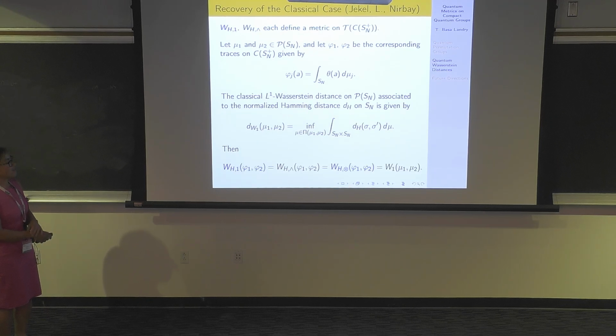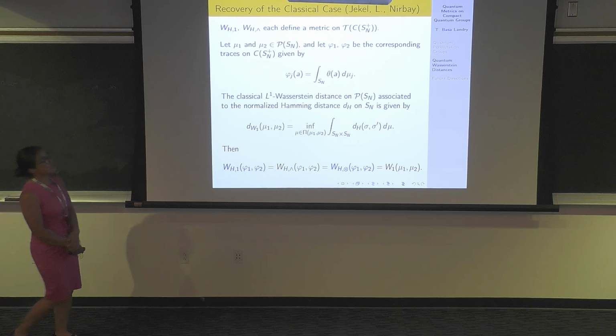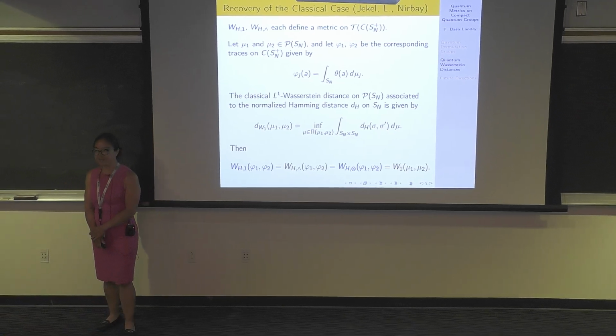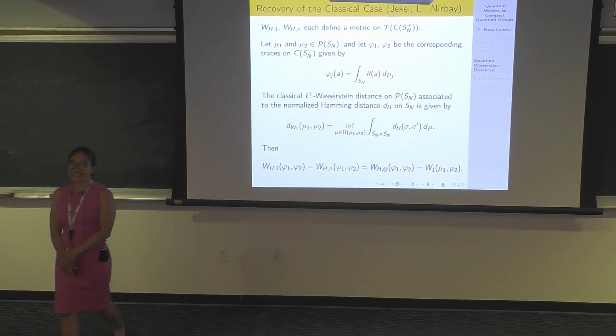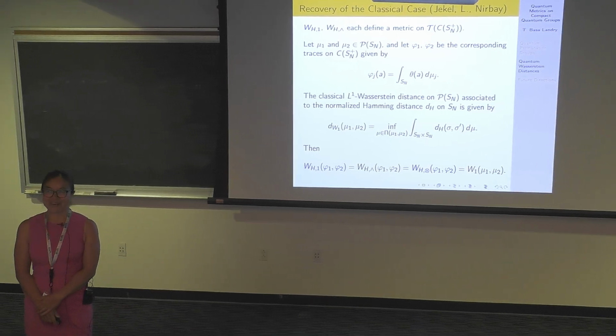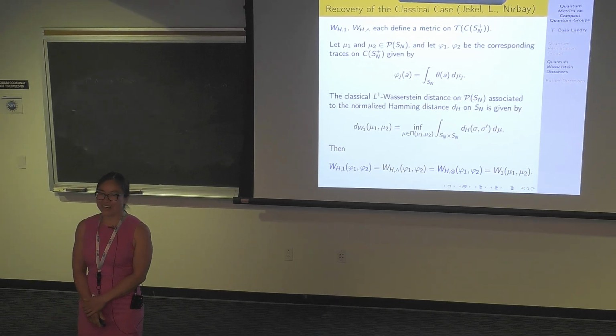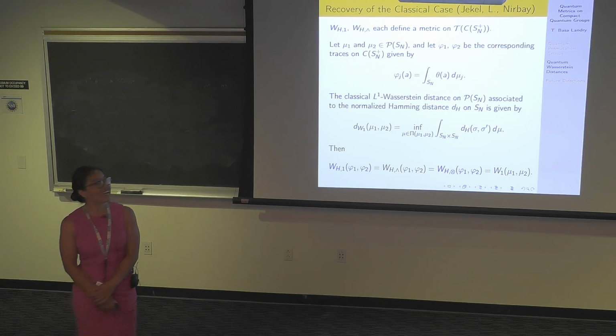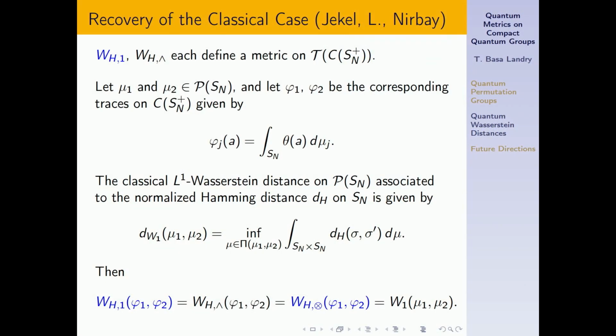We also had more additions to the zoo. I just focused on the ones that relied on Voiculescu and Biane's work. This other one, which is a metric, also involved a quantum L1 norm sort of structure.